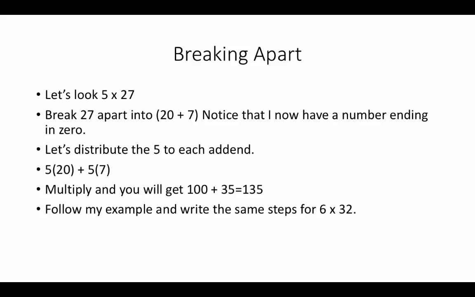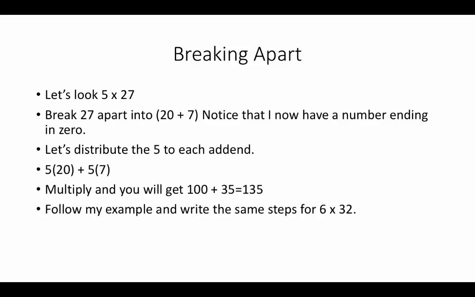We're going to take the 5 and distribute it to each addend, each number in an addition problem. So I'm taking 5 times 20 plus 5 times 7. Do you see how the 5 is the number that's being passed out or distributed to the 20 and to the 7?